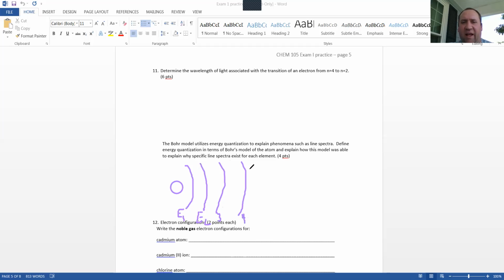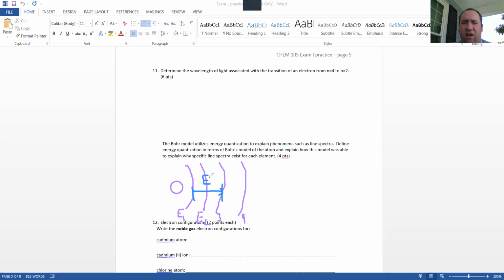That's what quantization is. Quantization says that the electrons have to exist out on these energy levels, and these energy levels have set energies. If an electron wants to go from one spot to another, there's a set amount of energy that it would take.